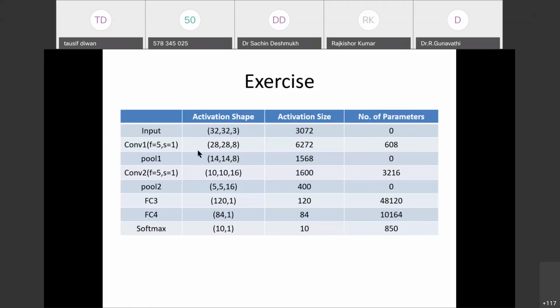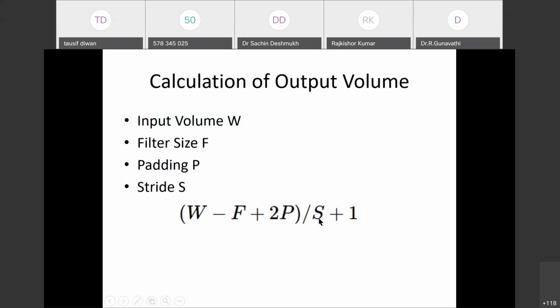So what is the stride here? Stride is 1. Are we applying any padding? Okay, so what is the formula? Padding is equal to 0, stride is equal to 1. So simply it will be W minus F plus 1.